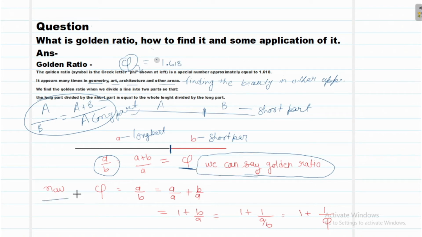Now we will find the value of the golden ratio, which means basically the value of phi. So phi is equal to A upon B. From this we will distribute it over the plus sign.